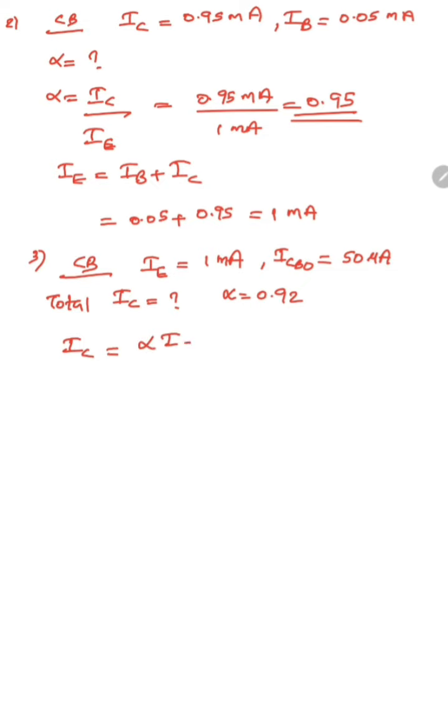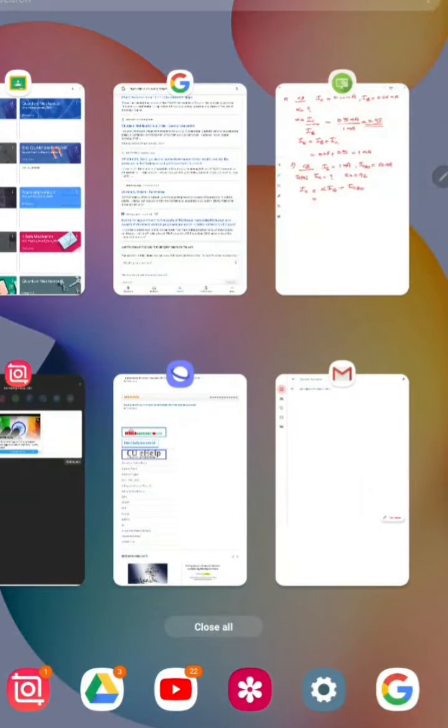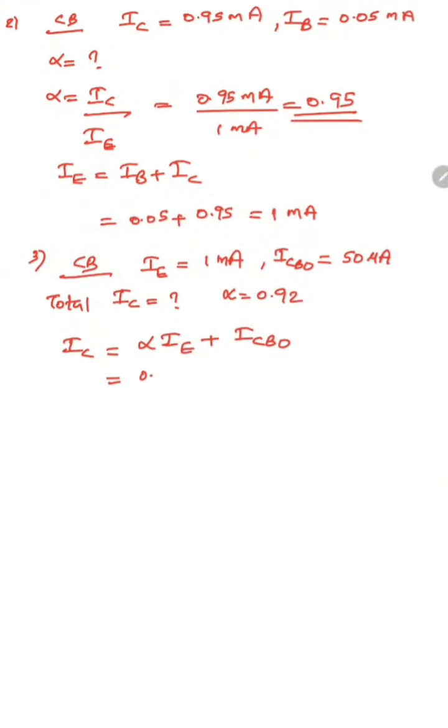IC is equal to alpha IE plus ICBO. You can use both equations, but here this equation is simpler than the other one. All things are given. So this is 0.92 into IE, which is given as 1 milliampere, plus ICBO, which is given as 50 microampere.